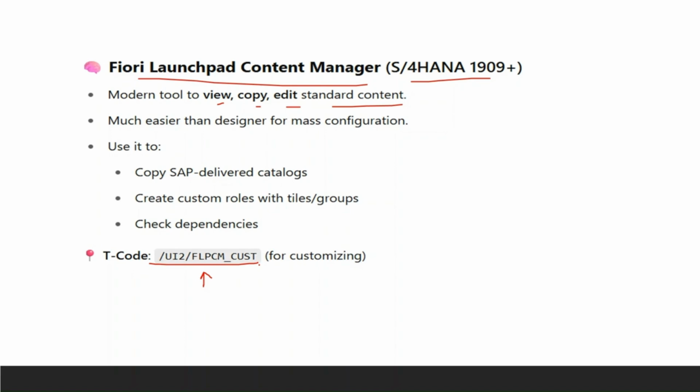Whatever changes you are doing should be in a particular client only, depending on the business requirement. You can create custom roles from Content Manager as well, with tiles and groups. You can check the dependencies, like which groups and which OData services they are added to. So it is much easier than the designer for mass configuration.